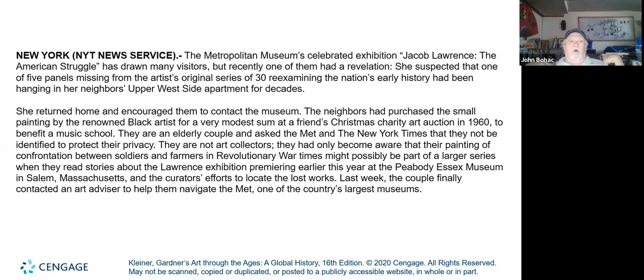She suspected that one of the 5 panels missing from the artist's original series of 30, re-examining the nation's early history, had been hanging in her neighbor's Upper West Side apartment for decades. So she returned home and encouraged them to contact the museum. The neighbors had purchased a small painting by the renowned black artist for a very modest sum at a friend's Christmas charity auction in 1960 to benefit a music school.